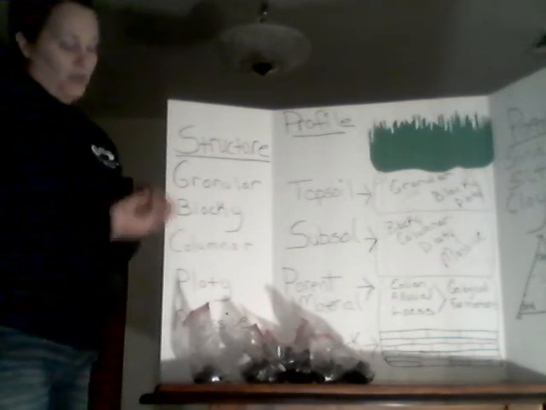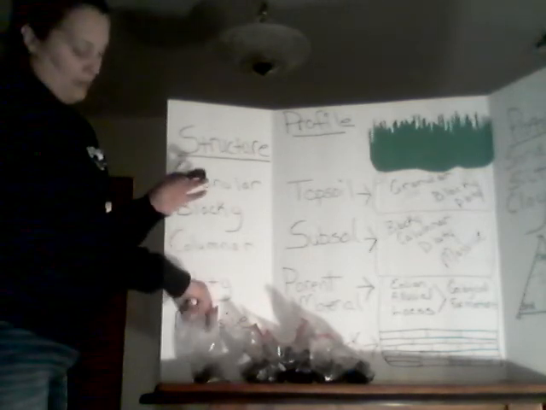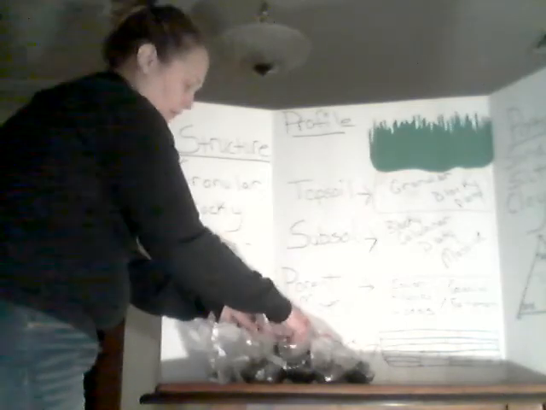Once it breaks naturally, the size of that ribbon is what determines where we start at on this triangle. This would be a silty loam. I'll move to one down the line here. This is a silty clay.